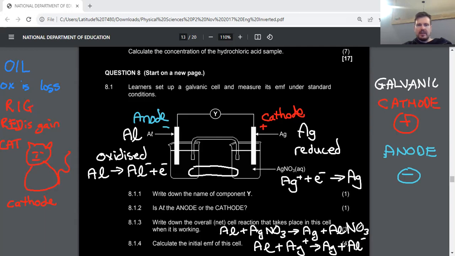So that's why we call the NO3 a spectator ion, because it's just kind of there, it's not part of the reaction. Is that the salt bridge, or is that different? No, the salt bridge is going to contain ions, and it allows the flow of charge.